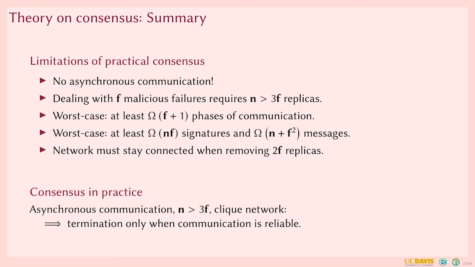So it must be quite connected. In practice, it's not this extreme, like I already said. In practice, we do have asynchronous communication, and in these systems, we basically just provide termination only when communication is reliable. And in practice, we typically have something of a clique network or a gossip network that operates like a clique network.